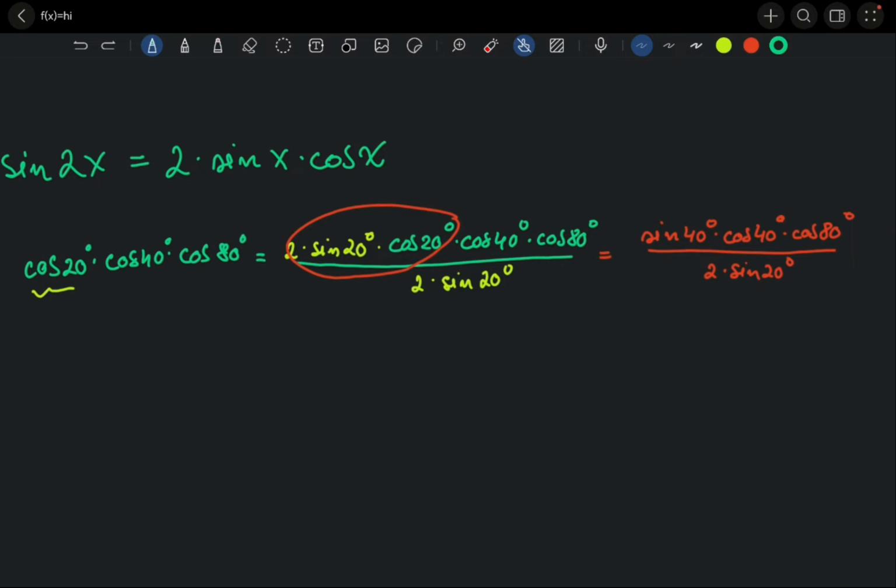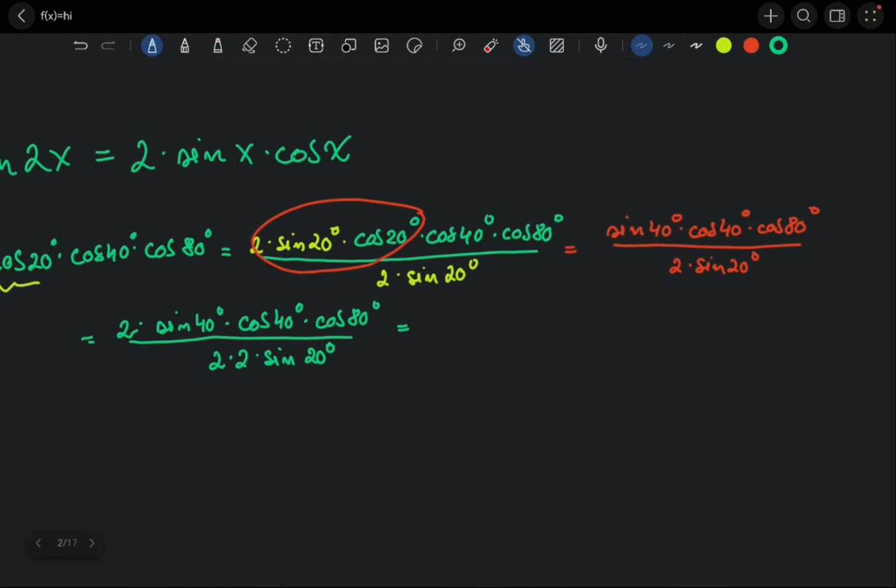By multiplying the top and bottom by 2, we get 2 times sine of 40 degrees times cosine of 40 degrees times cosine of 80 degrees all over 2 times 2 times sine of 20 degrees. Again, the first two terms give us sine of 2 times 40 degrees times cosine of 80 degrees all over 4 times sine of 20 degrees.